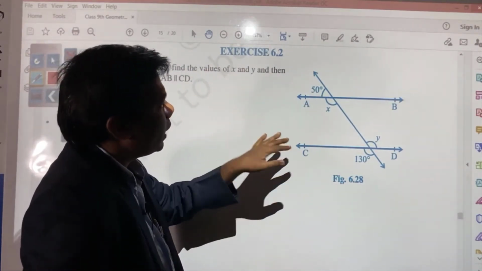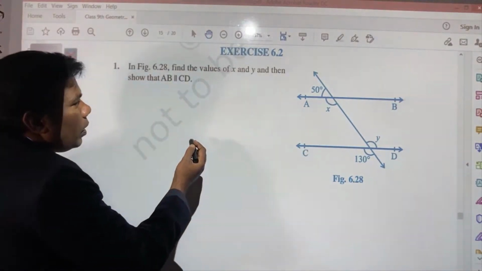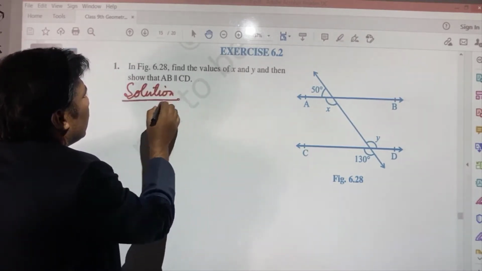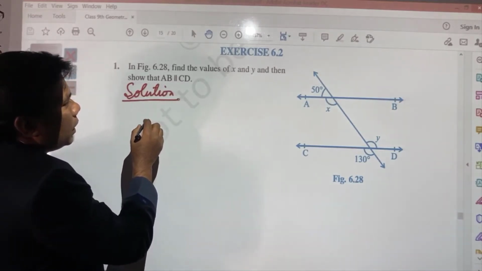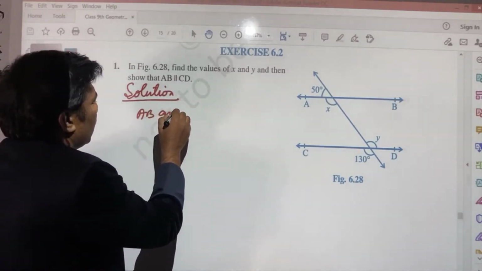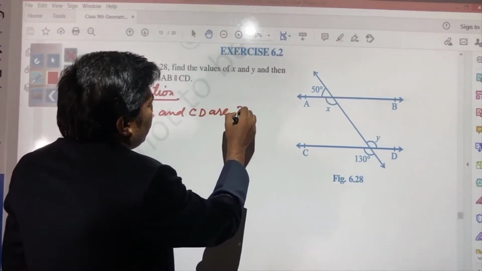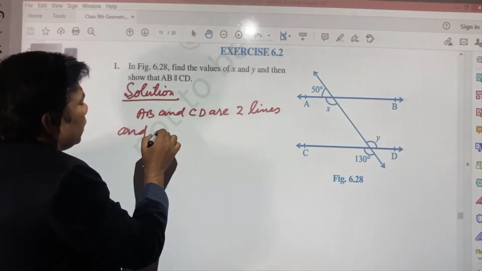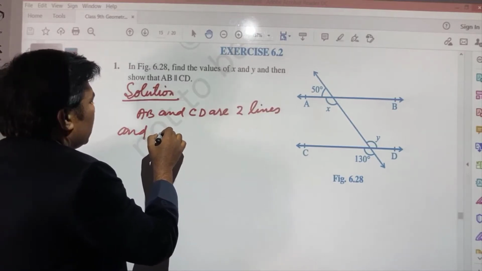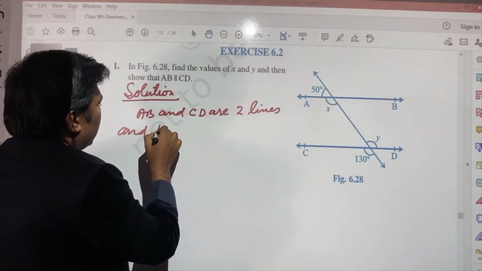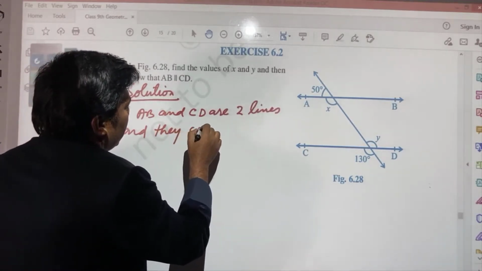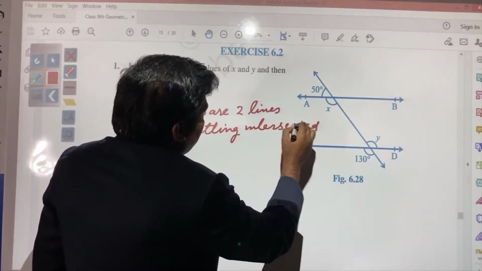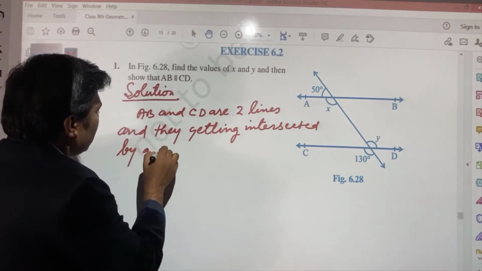First of all, you find out x and y. Here you write, since AB and CD are two lines and they are getting intersected by a transversal.